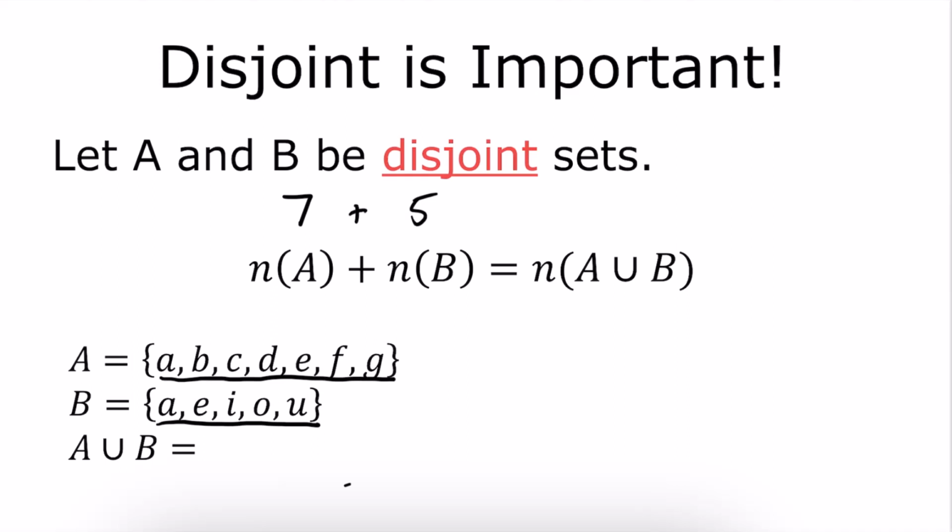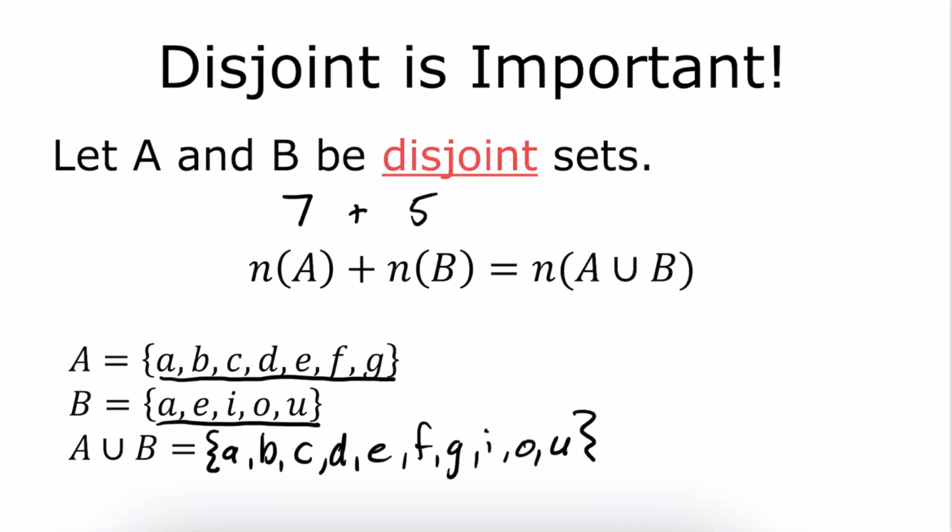A union B is all of the elements that are in A or B. So I'll have A, B, C, D, E, F, and G, but then I'll also need I, O, and U, the elements in B that I hadn't listed yet. If we count the number of elements in A union B, we have 1, 2, 3, 4, 5, 6, 7, 8, 9, 10. But 7 plus 5 does not equal 10.